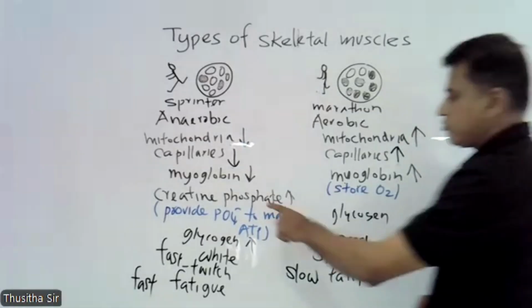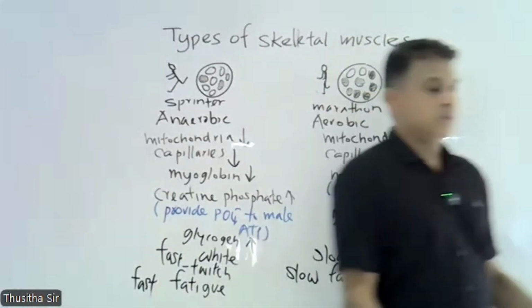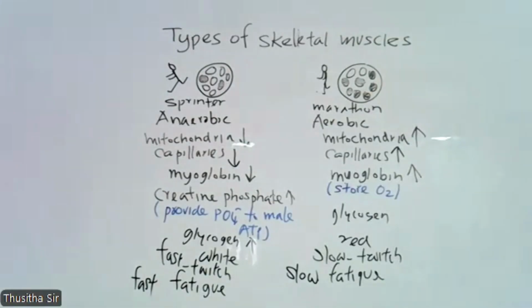This one, creatine phosphate, people who are doing workouts in the gym also take as a supplement to produce ATP quickly.